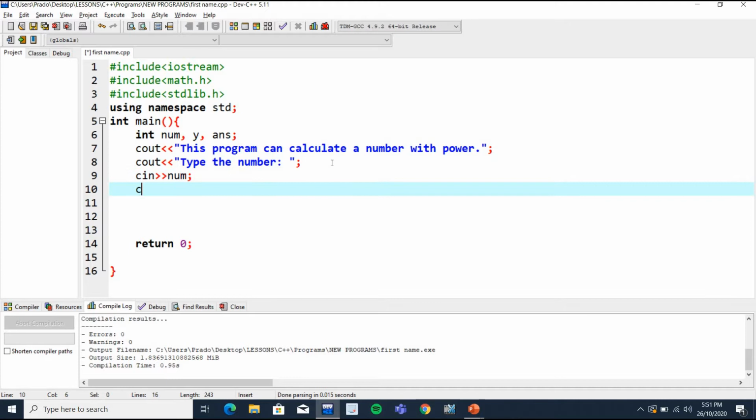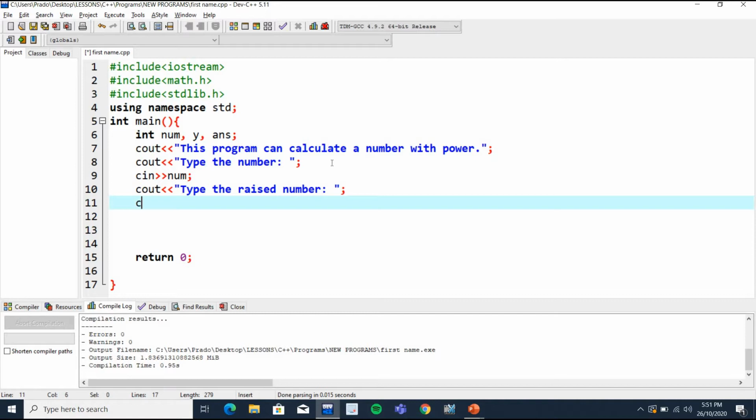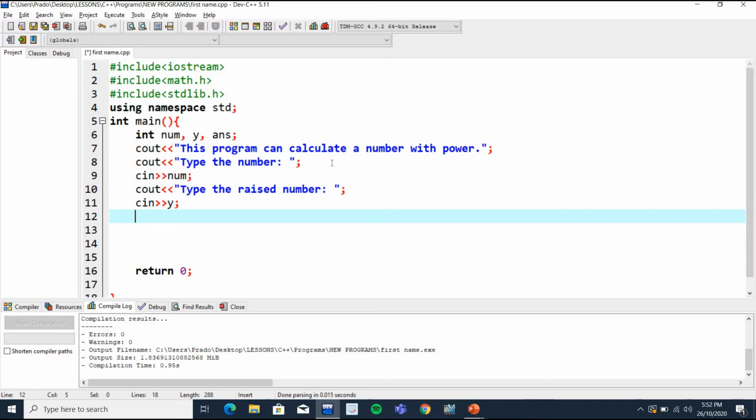Then cout for the power or the raised. Type the raised number; semicolon. And then cin >> y.